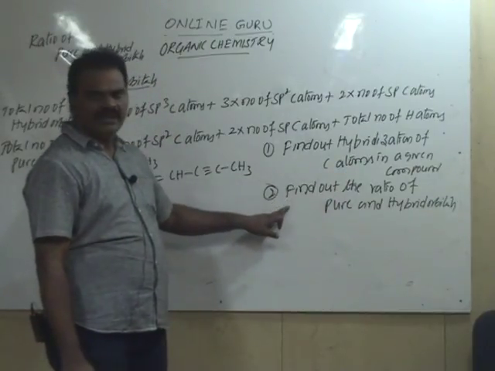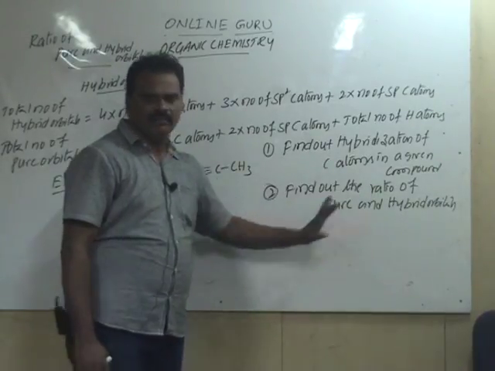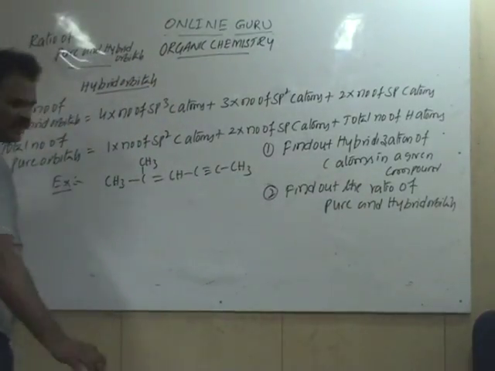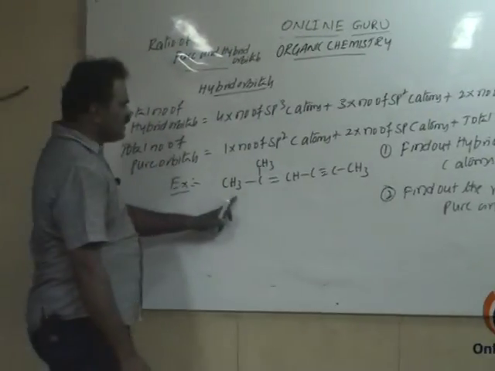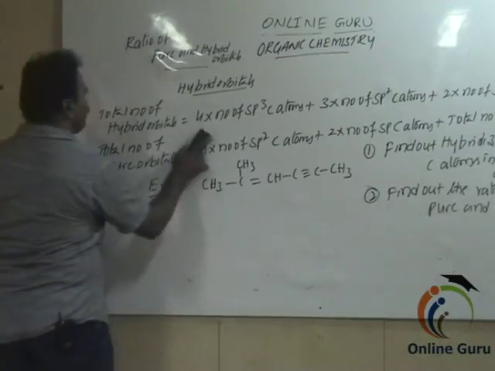Question number 2, find out the ratio of pure and hybrid orbitals in a given compound. The given compound is CH3 C(CH3) double bond CH C triple bond C CH3.